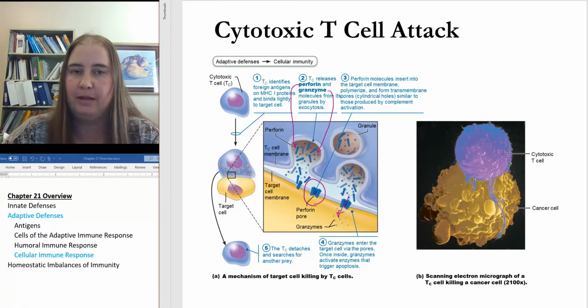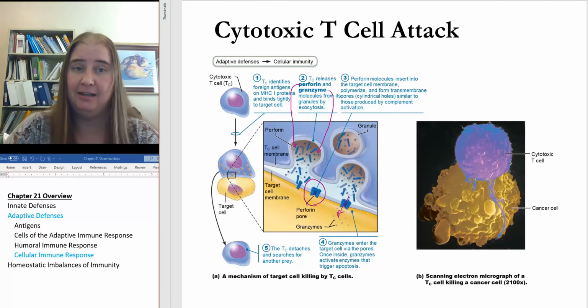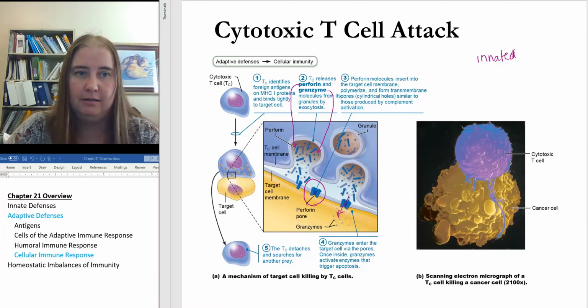So cool. Now, this may seem very familiar to you, where we have a cell that targets a cell that's been infected and kills it. Remember, we have our two arms, our innate and our adaptive.